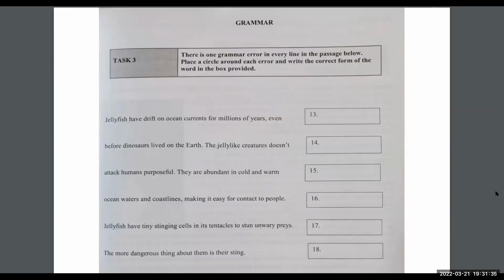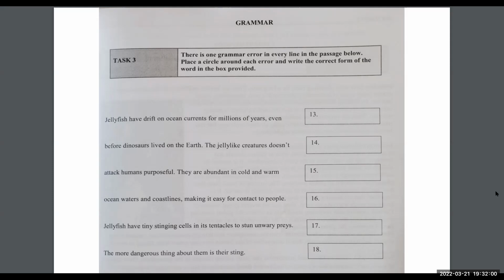Okay, great. So we have our grammar paragraph. We're doing the same thing where we identify the line and write the correction. So first we have to read our entire paragraph. Jellyfish have drift on ocean currents for millions of years, even before dinosaurs lived on the earth.